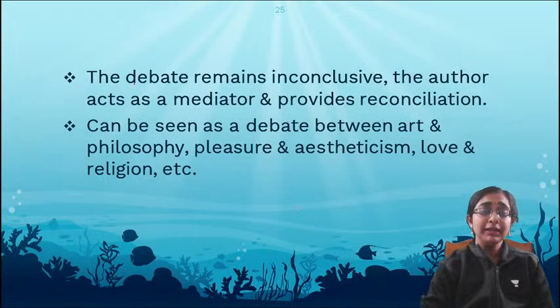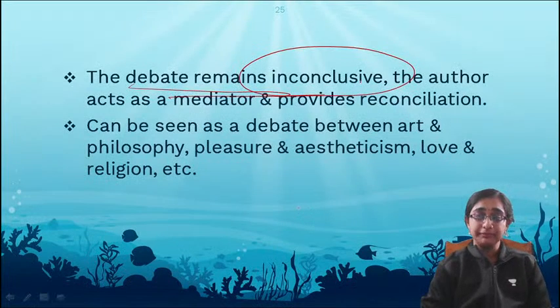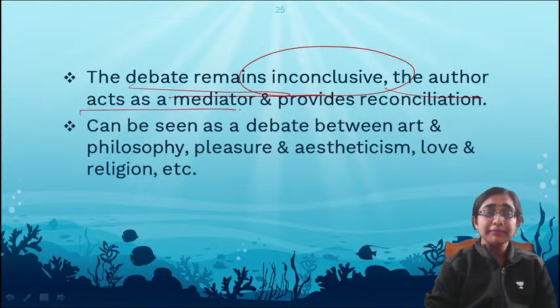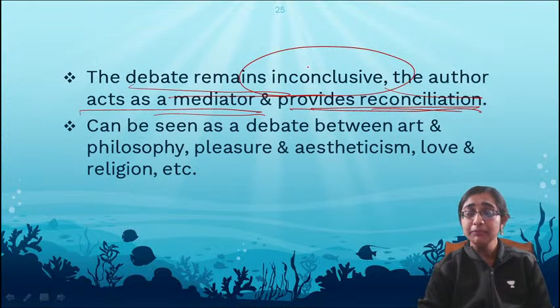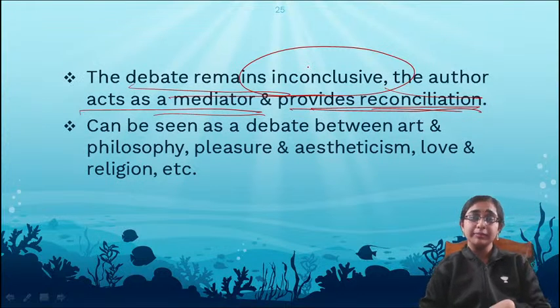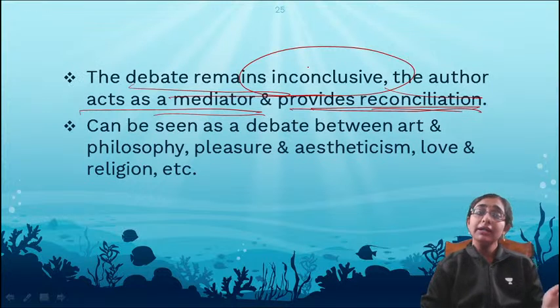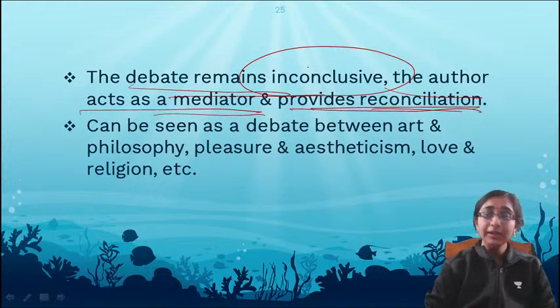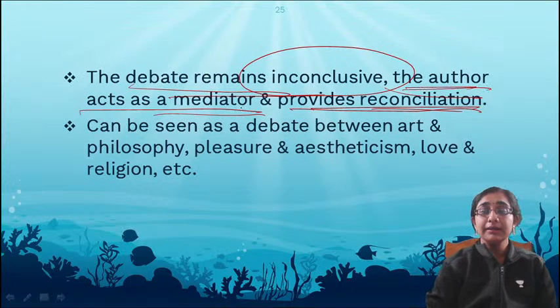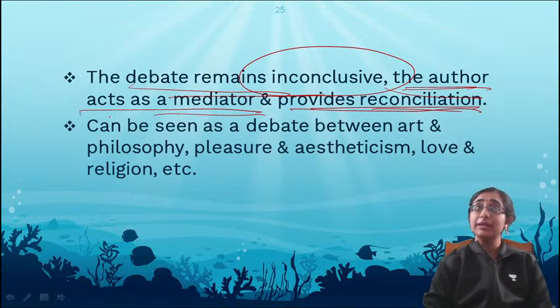And what happened is that the debate remains inconclusive. The author acts as a mediator and provides reconciliation. So no solution has come. Who is better? The owl or the nightingale? But to end the debate or to provide some kind of reconciliation, the author came. The author means Nicholas de Guildford.